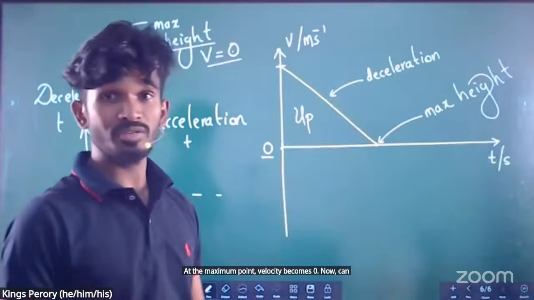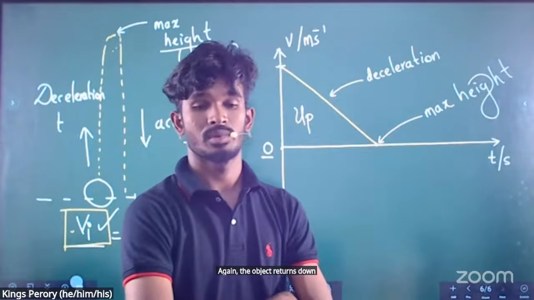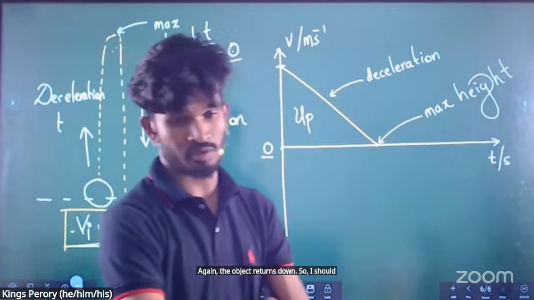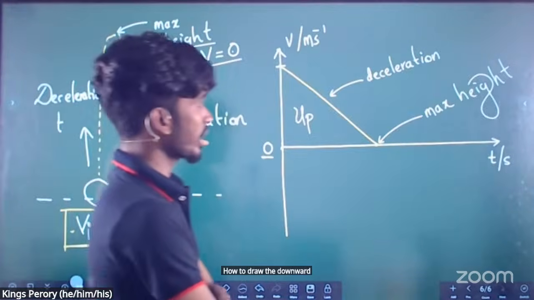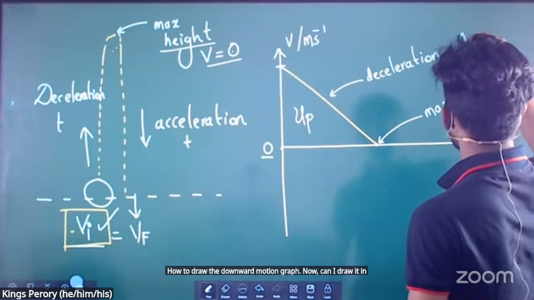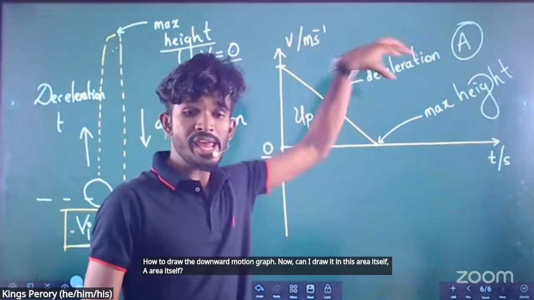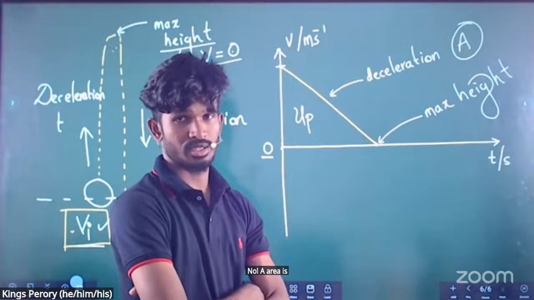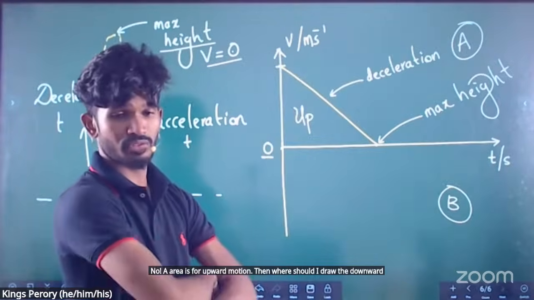Can I stop the graph there? No. Again, the object returns down, so I should draw the downward motion graph now. How to draw the downward motion graph? Can I draw it in this A area itself? No. A area is for upward motion. Then where should I draw the downward motion graph?